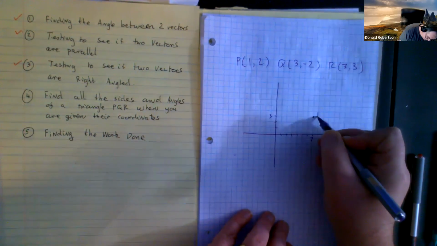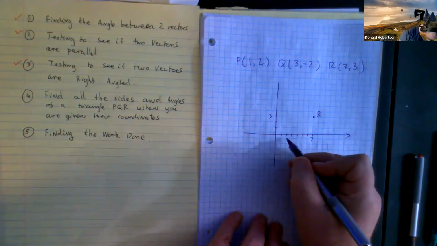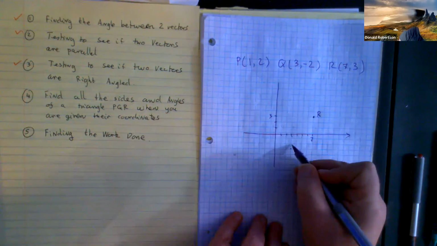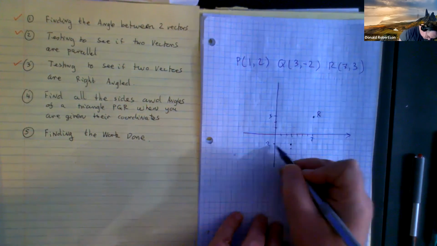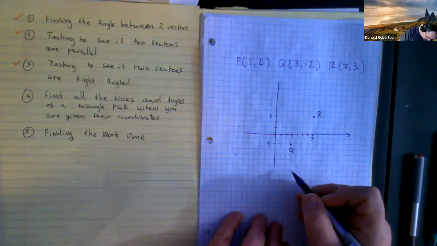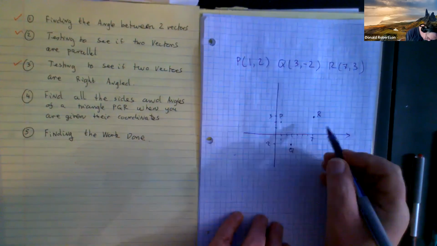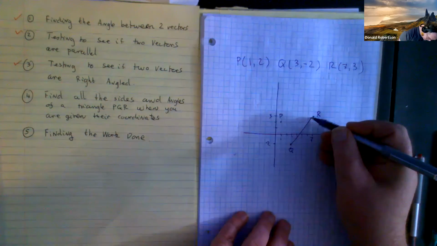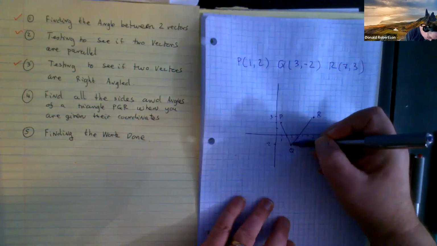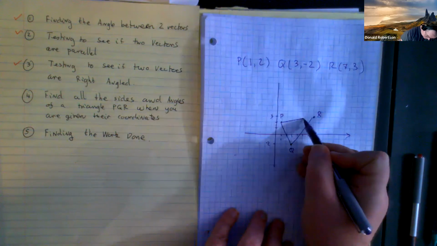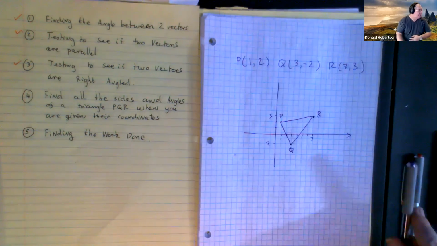Here is R. Q is 3, -2, so here is Q. And R is 1, 2. I should say here is P. What you're going to get here is a triangle, typically. Agreed?